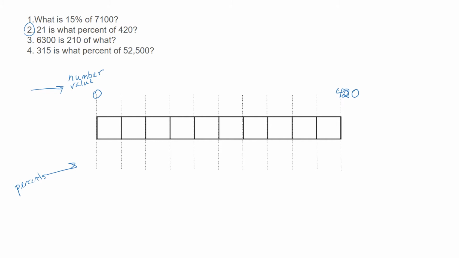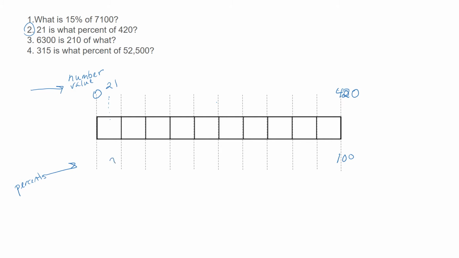I want to know what percent out of 100 would 21 be. Now if I were to divide this up in half, I'd say it's somewhere around in here. So that's where 21 would be out of 420.